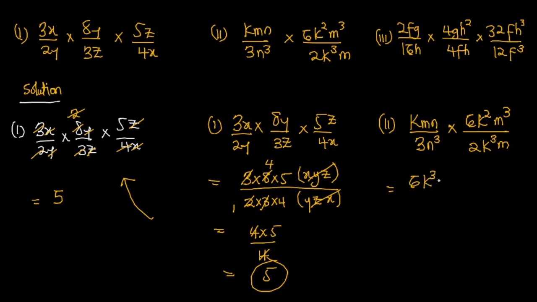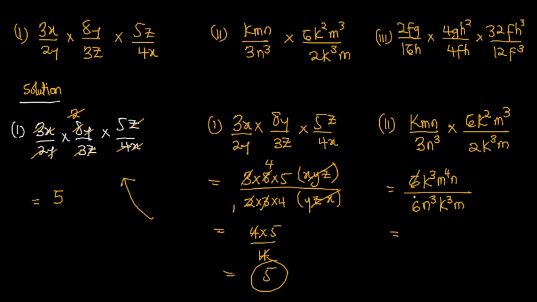M multiplied by m will give me m power 4. Then n. All divided by 3 multiplied by 2 will give me 6. Then I have n cube because there's no n here. Then I have k cube. Then m.